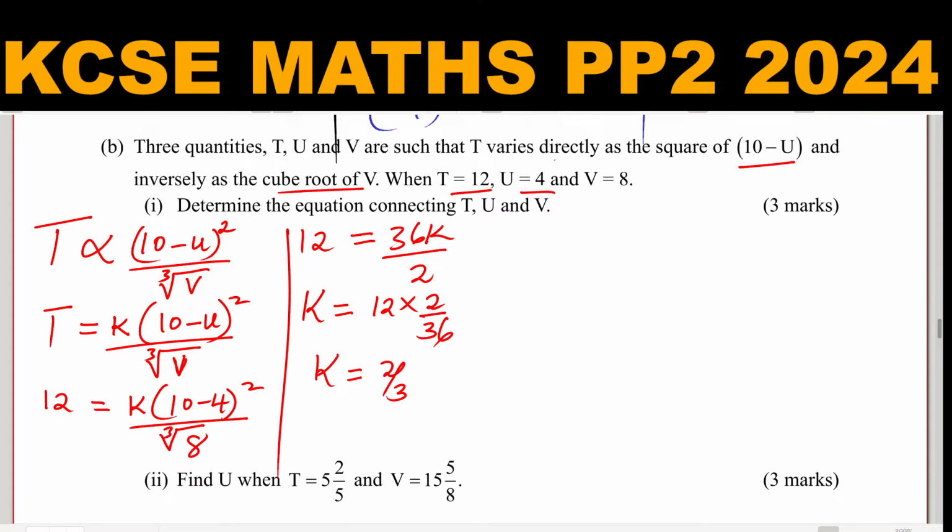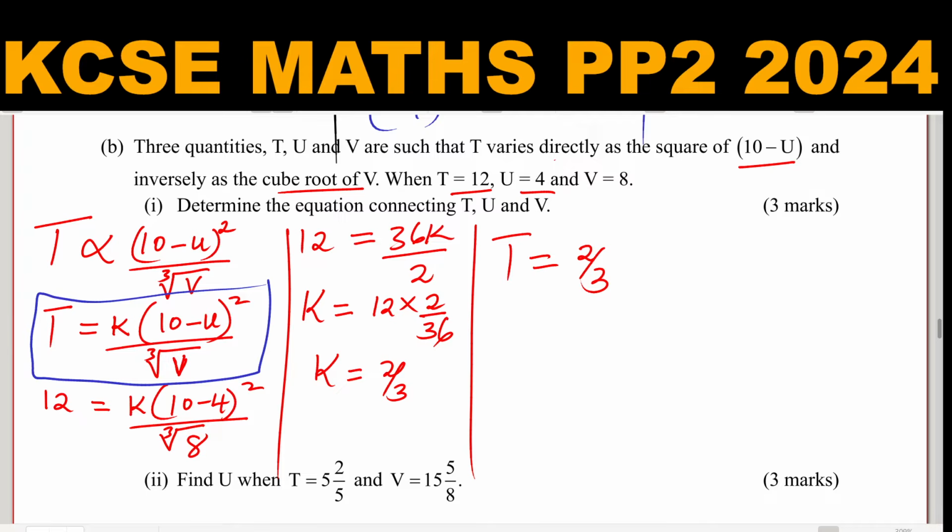Now, having that, you're supposed to determine the equation connecting T, U, and V. Now we have the constant, so the equation connecting T, U, and V is T is equal to the constant, which is K, 2/3.